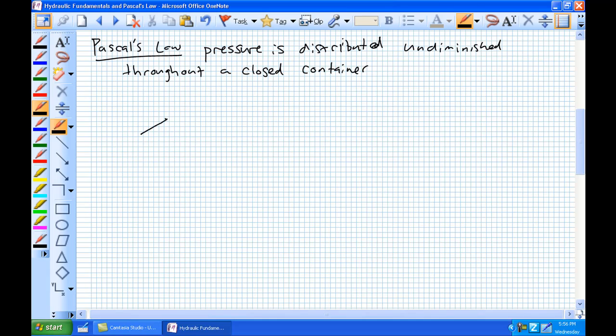So let's say I have a square inch of area, 1 inch on that side, 1 inch on that side, and immediately below it, I've got this square vessel that's holding some water right here, or whatever it might be. And it's inside this also cubic shaped box.